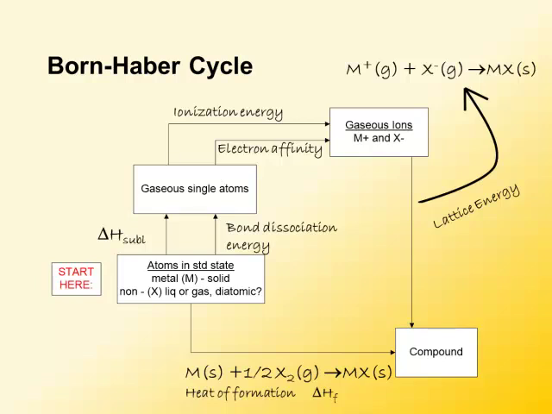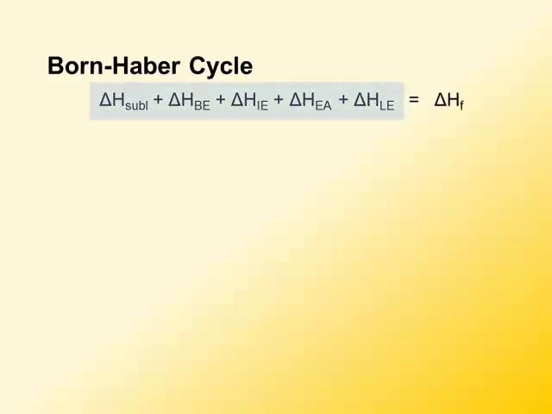Make sure that you see the difference between the heat of formation reaction and the lattice energy reaction. Heat of formation starts with the elements in their standard states. Lattice energy starts with gaseous ions. The Born-Haber cycle says that the sum of all these individual reactions adds up to the heat of formation for that compound.